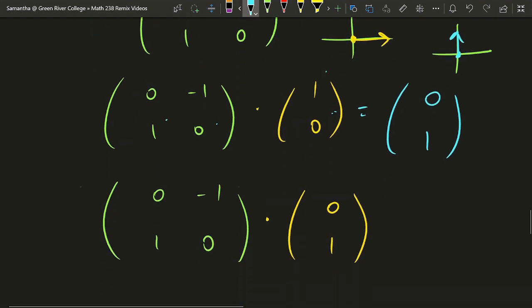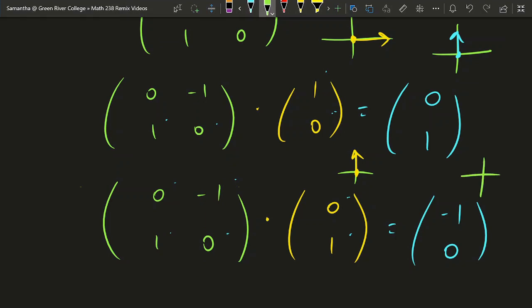Let's see what happens if we start with a vector that's pointing up, let's say 0, 1. If I calculate this product, then 0 times 0 plus negative 1 times 1 will give me negative 1 for the first entry. And then 1 times 0 plus 0 times 1 will give me 0 for the second entry. So the answer is now a vector that's pointing to the left.